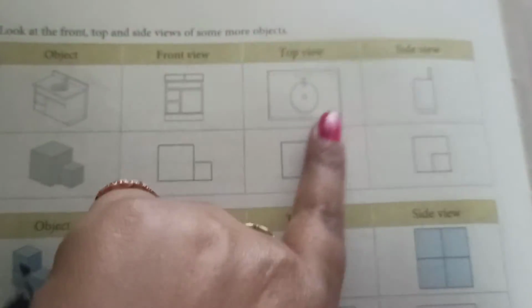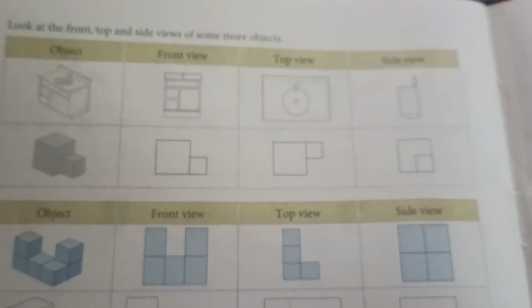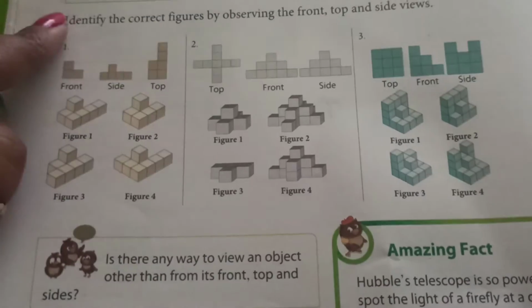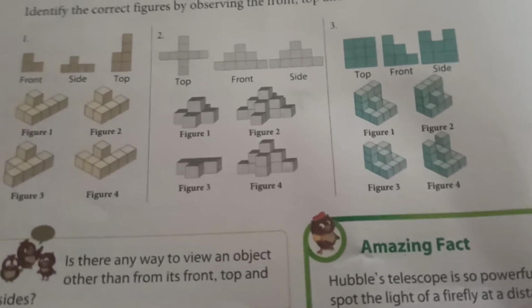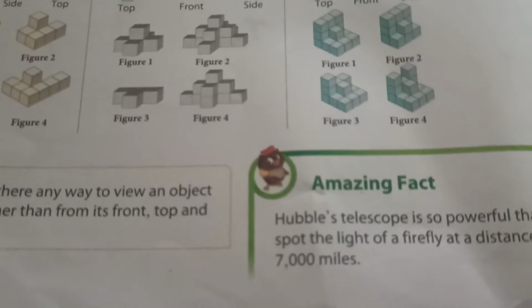If you watch from the top, it will look like this, and from the side this one. So this is about front, top and side view. Now let us see here, some objects are drawn and you identify the correct figures by observing the front, top and side views. So this you will do yourself, right?